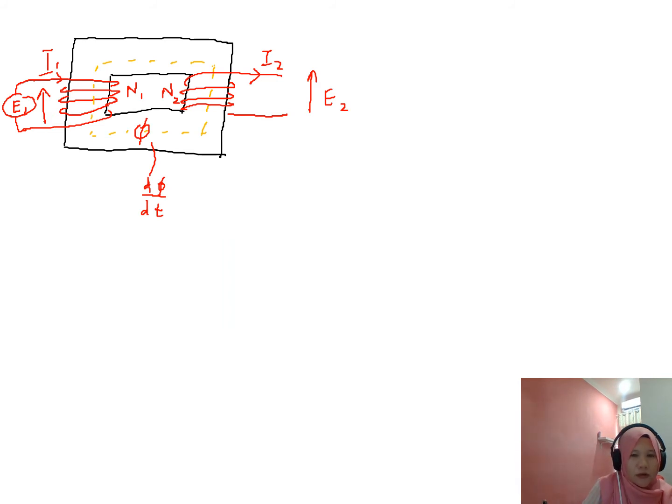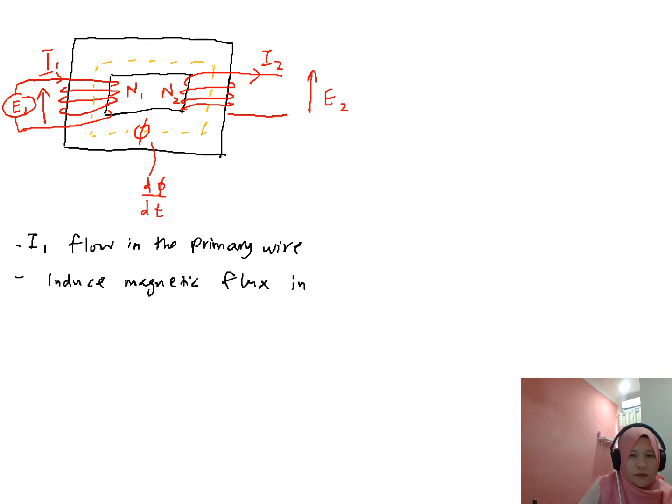So now we can conclude that when I1 flows in the primary winding, it will induce magnetic flux in the core, and hence we obtain E1 is equal to minus N1 d psi over dt, and E2 is equal to minus N2 d psi over dt.